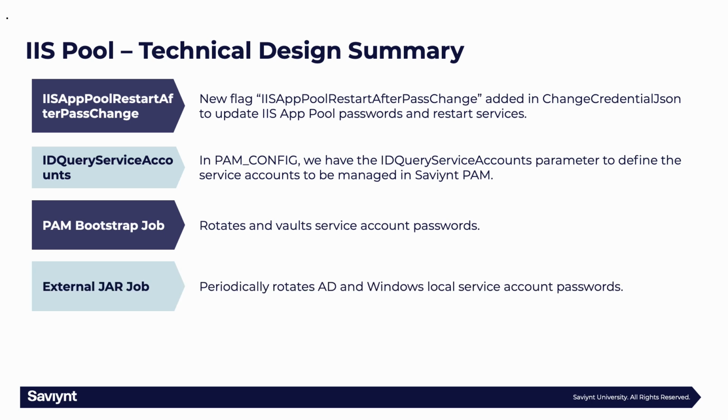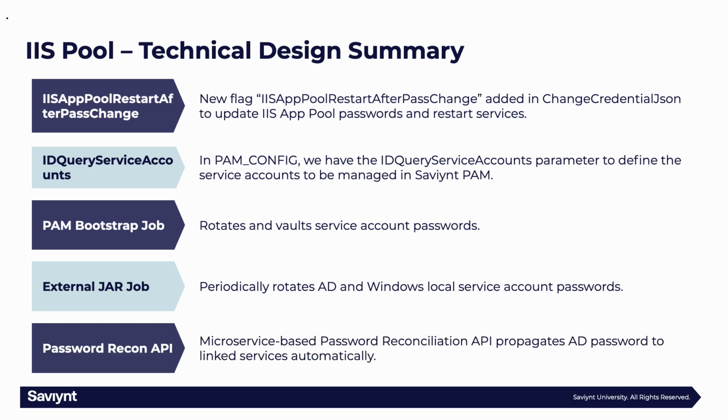Saviynt PAM utilizes the password rotation external jar job to periodically rotate AD and Windows local service account passwords and propagate updated Windows local service account passwords to all dependent services, including IIS application pools. Microservice-based password reconciliation API job propagates Active Directory account passwords and updates to all dependent Windows services and IIS application pools.